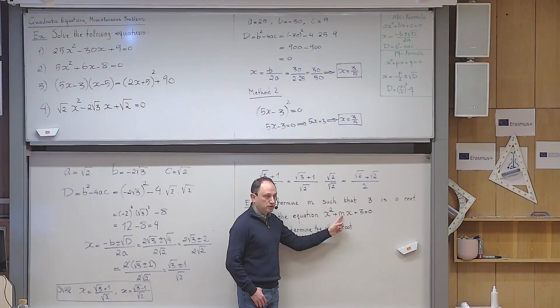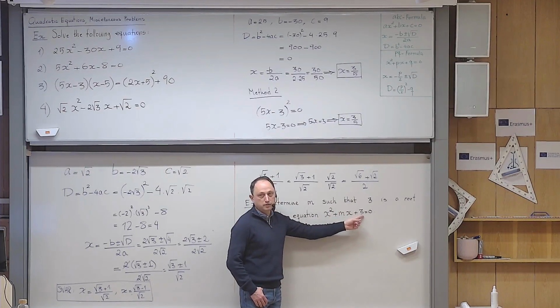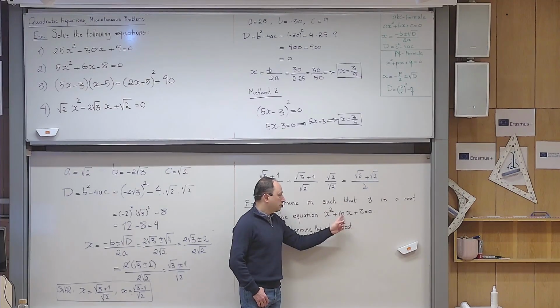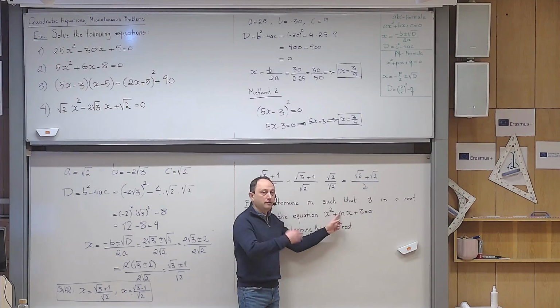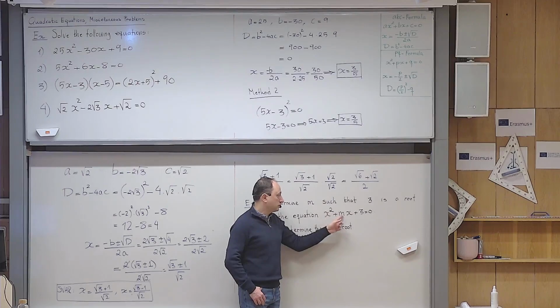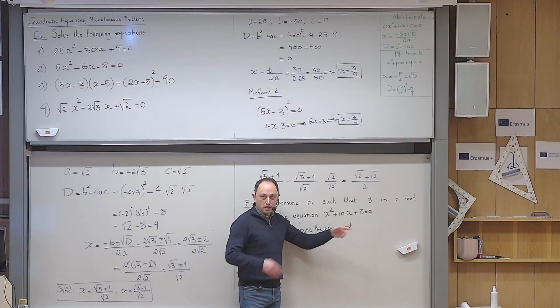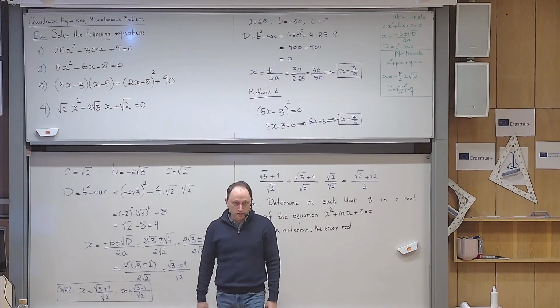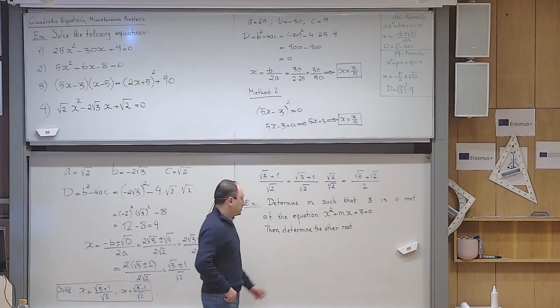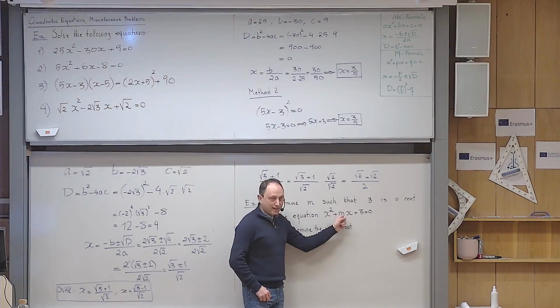Then what is my equation? It becomes x squared plus x plus 3. I can choose m to be 2. Then I have another equation, x squared plus 2x plus 3. And I can solve each one of these equations. But my goal is to choose that m so that when I choose that m and solve my equation, one answer becomes 3.